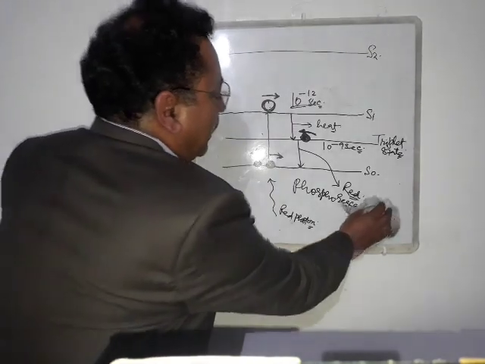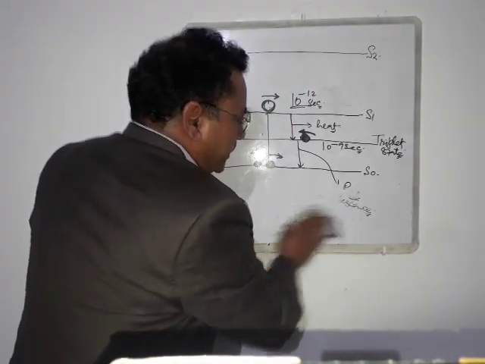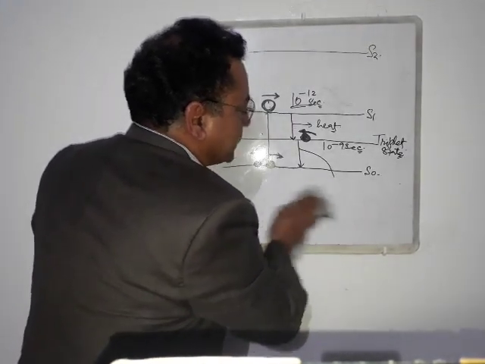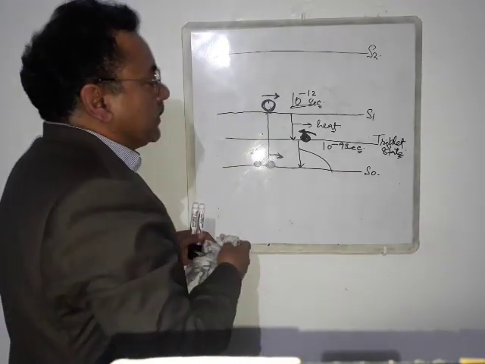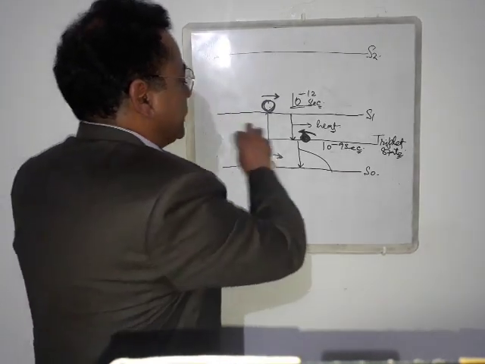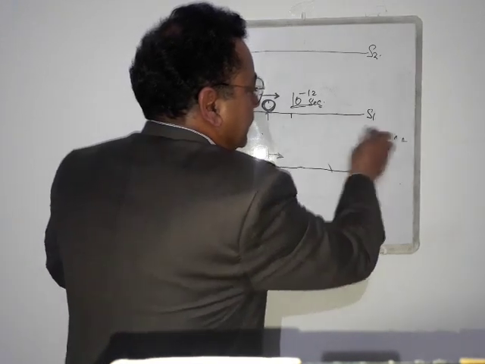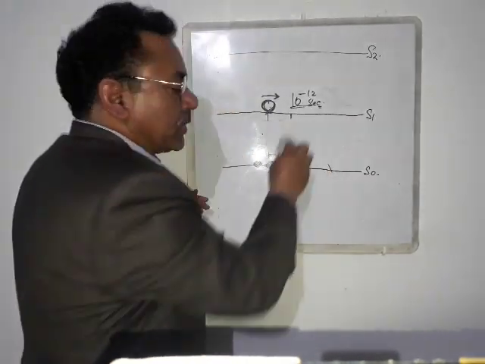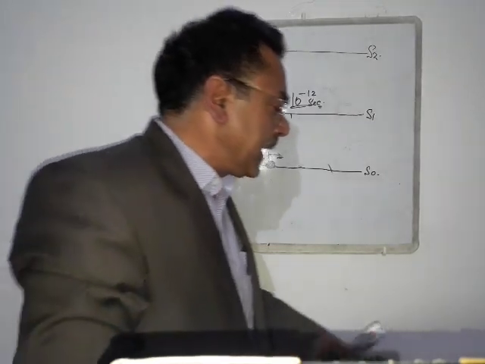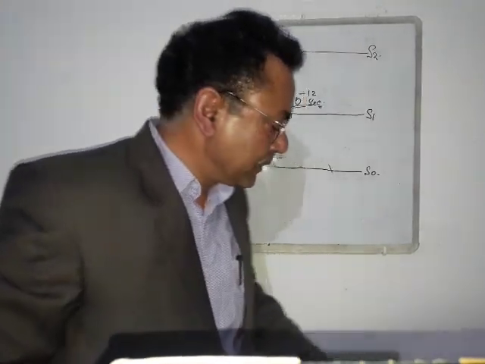Now I have to tell you one more point. We say that in the process of photosynthesis, red light is very efficient, or rather most efficient type of wavelength in the photosynthetic process is the red wavelength.